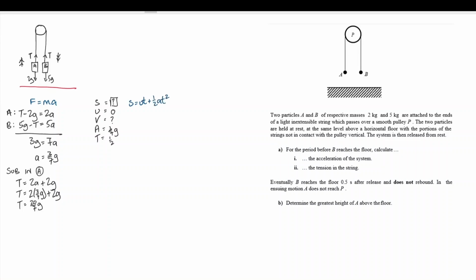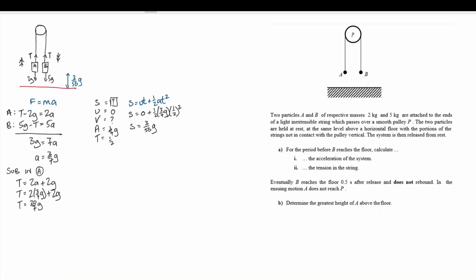All of this goes into our formula, s equals ut plus half at squared, and that's actually a half times 3 over 7g times a half squared. All of this we can do in our heads. 7 times 8, that's 56, 3 over 56g. The displacement is 3 over 56g.